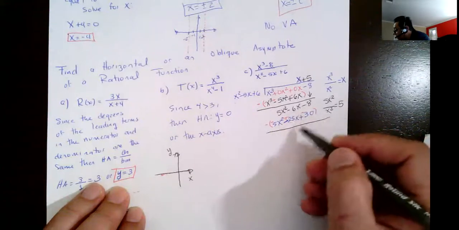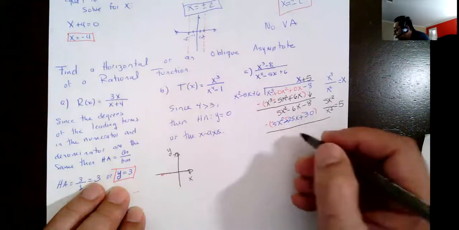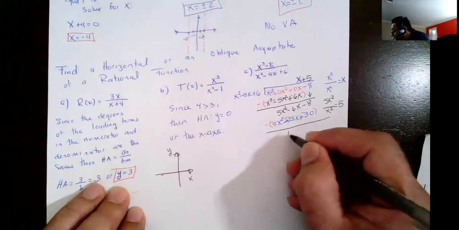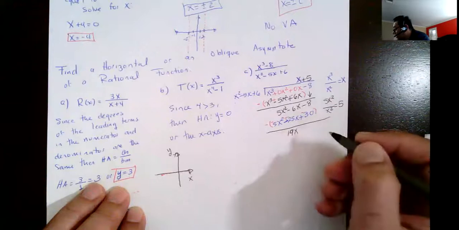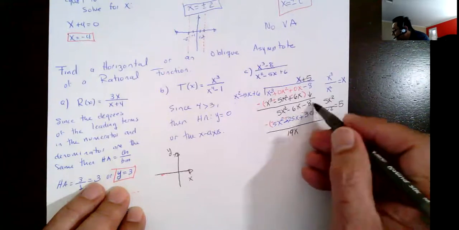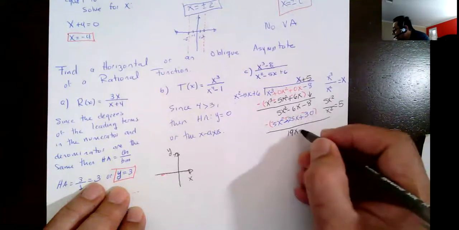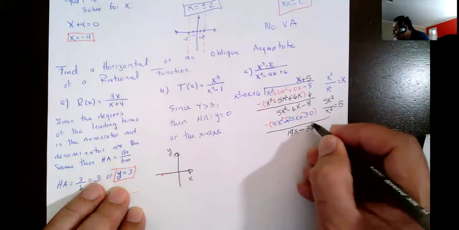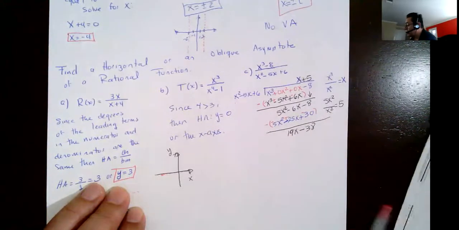Negative 6x plus 25x, that would be positive 19x. Negative 8 minus 30, that would be negative 38. And notice that would be the remainder.